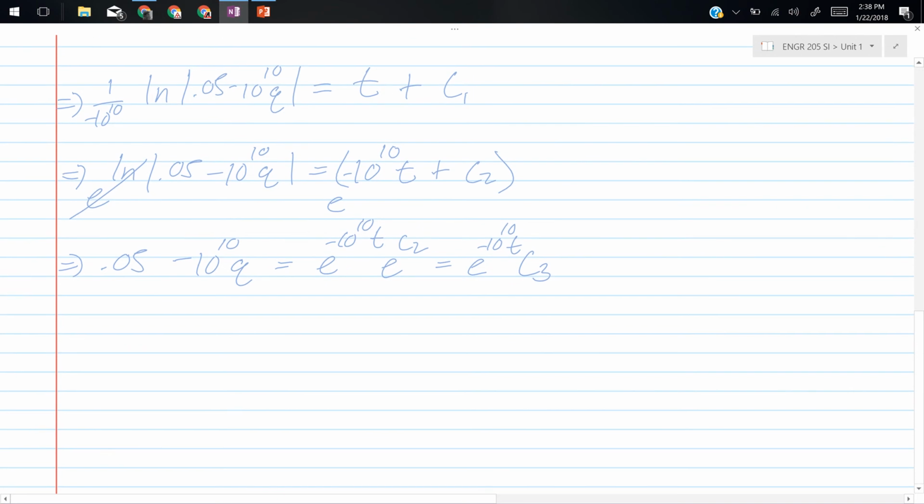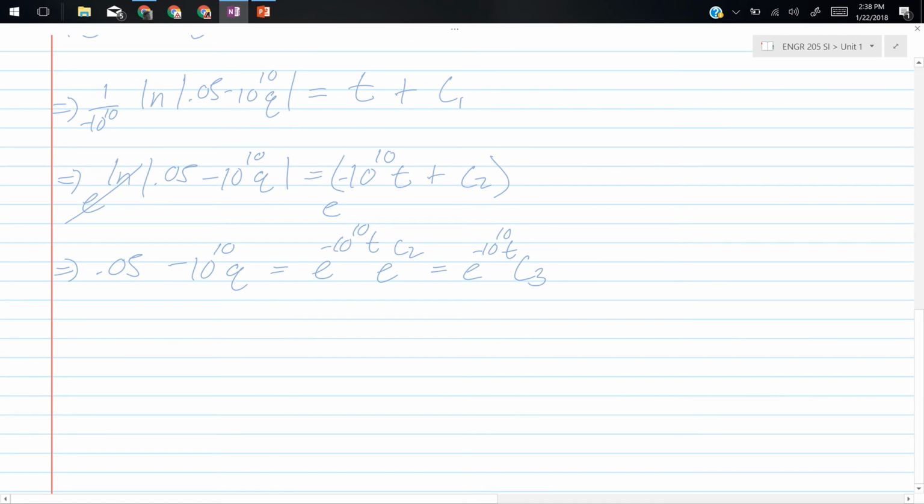All right, now I'm going to go back up to wherever I had Q of 0. It told me that at Q of 0, so whenever t equals 0, charge equals 0. So now I'm going to solve for this C3. If Q of 0 equals 0, then that means this Q equals 0 and this t equals 0.